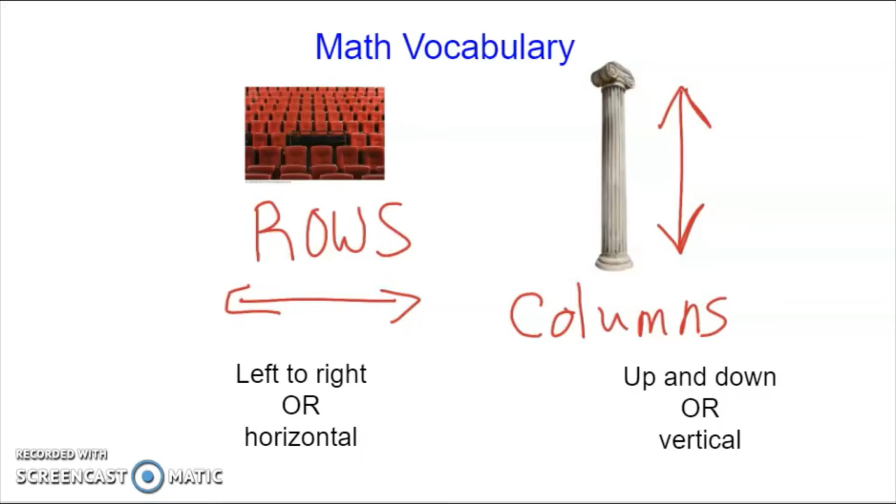And then columns go up and down, and you might have seen these in some fancy buildings or some very big buildings, and they have large, very tall columns. These columns go up and down, or we call this vertical as well. Vertical is another way of expressing columns or saying that something is going up and down.